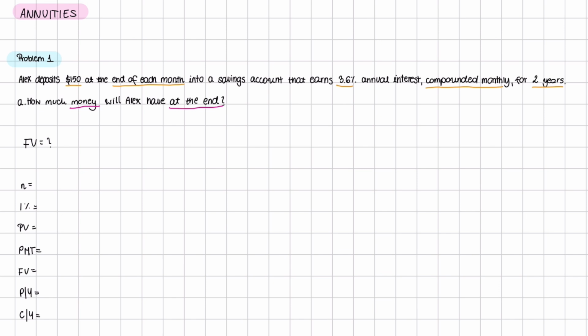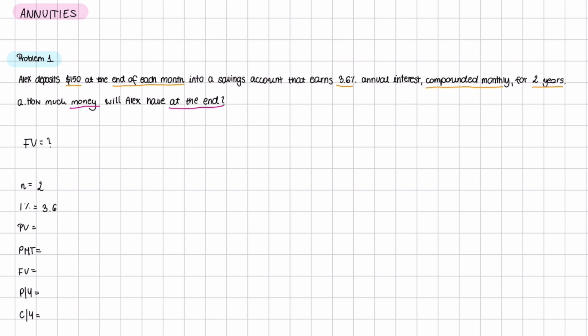So N is time. We have 2 years, so for now we can leave it like this. Then we have I%, so annual interest rate is 3.6. Then we have present value. We don't really have our present value because Alex deposits 150 at the end of each month.